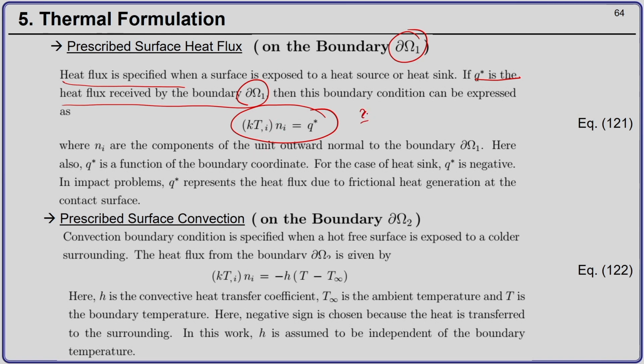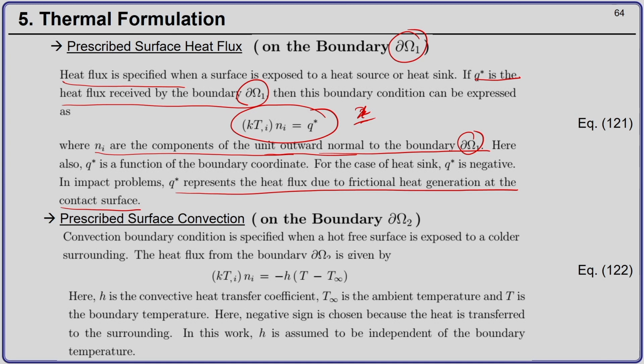Here x I mean spatial coordinate x, and n i is the component of the unit outward normal vector on the boundary del omega 1. So, this Q star represents the heat flux due to frictional heat generation at the contact surface. So, that is how we will take into account the frictional heat.